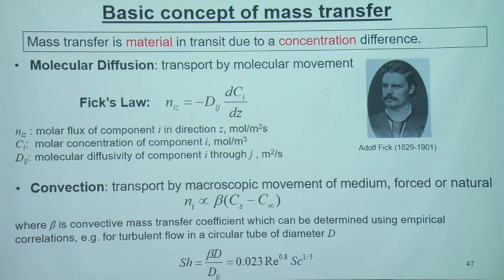Likewise, for mass transfer, you have the mass transfer coefficient, defined in the Sherwood number, which can be related to the Reynolds number and Schmidt number. So this is just one of those equations commonly used in engineering applications.